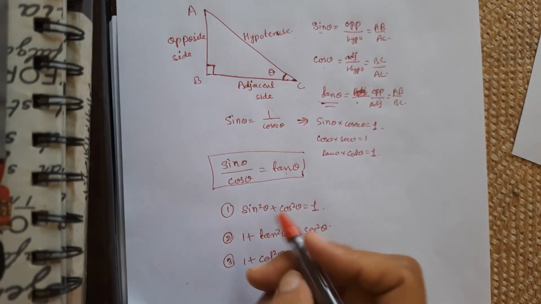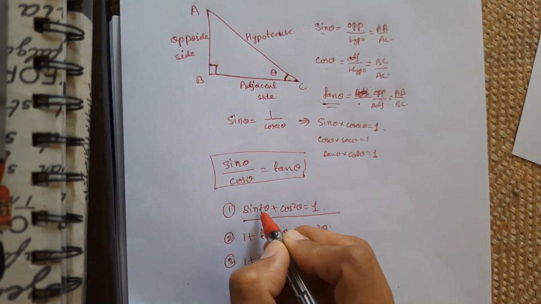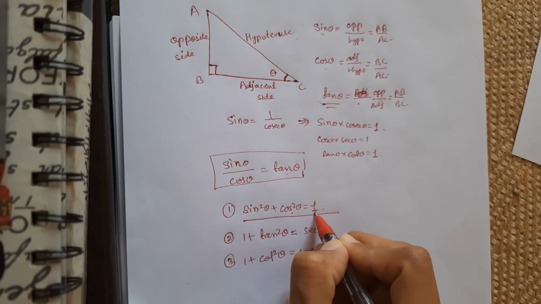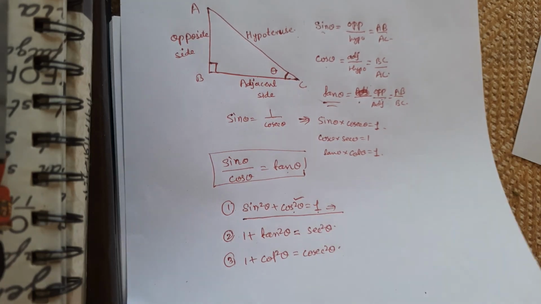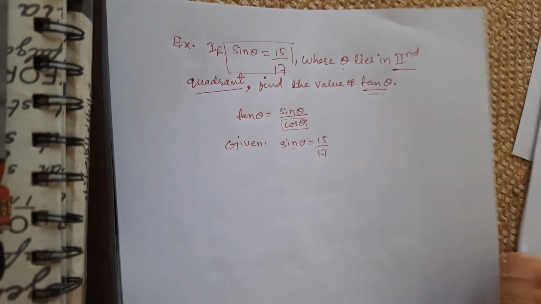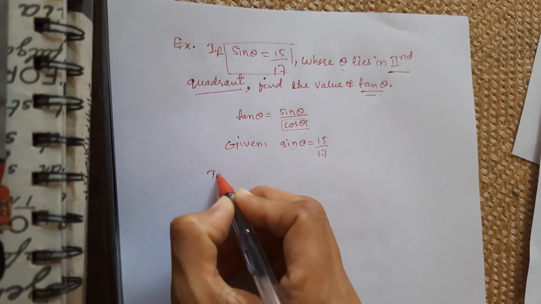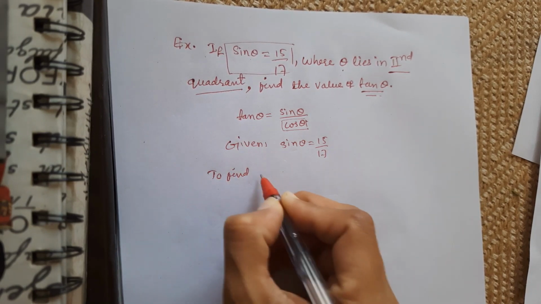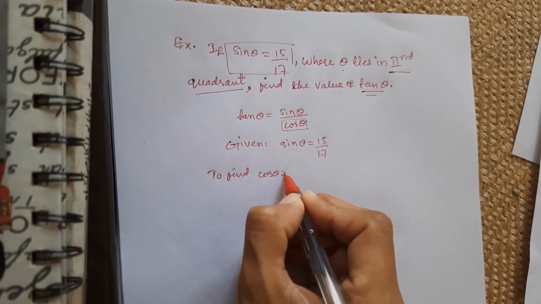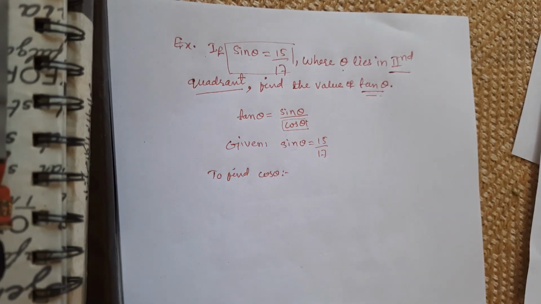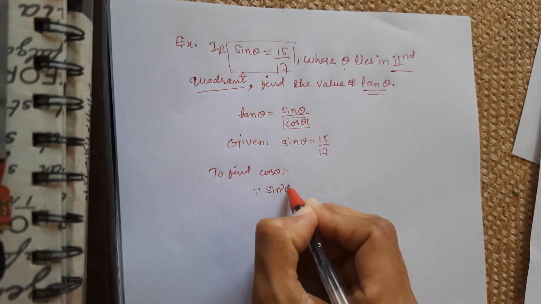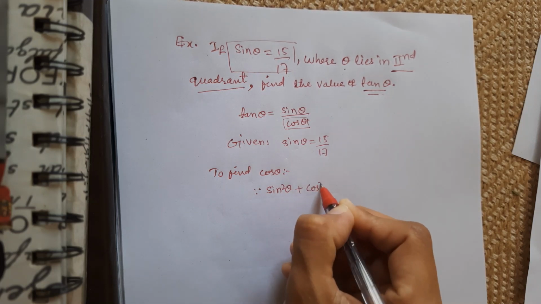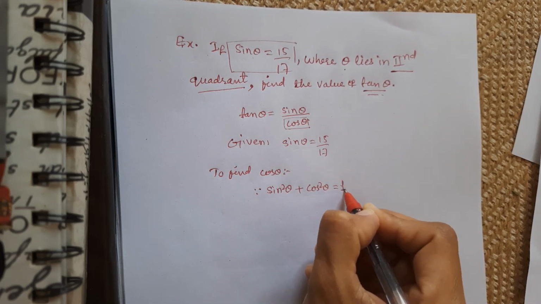I know the identity sin square theta plus cos square theta equal to 1.